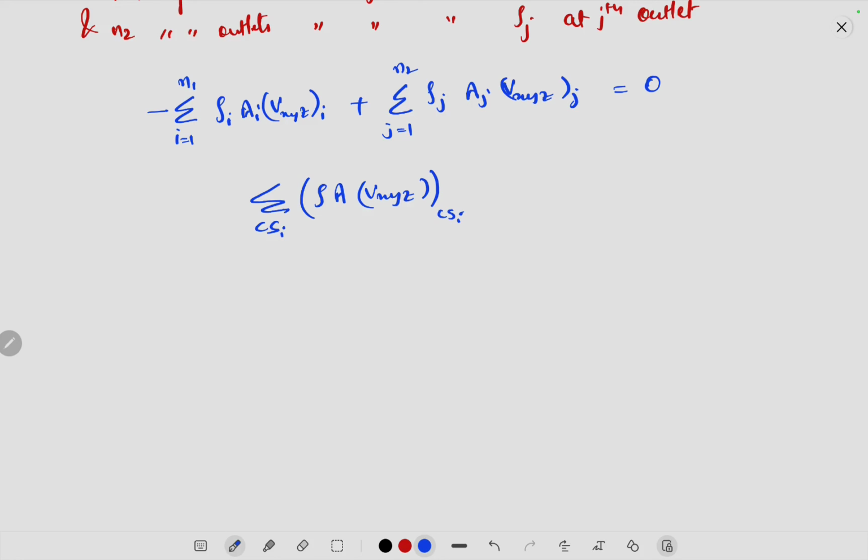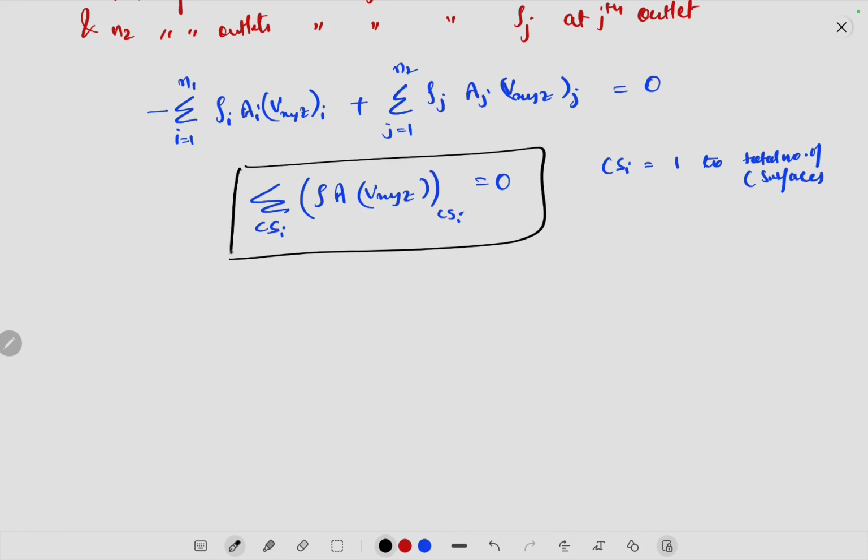Okay, summation over CSi, where CSi is from 1 to the total number of control surfaces, summation over that, and the term here is rho a vxyz, where all these three things rho, a and v are for that control surface CSi. Okay, so let's remember the equation like this.